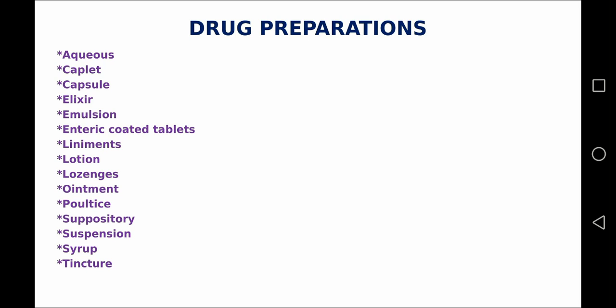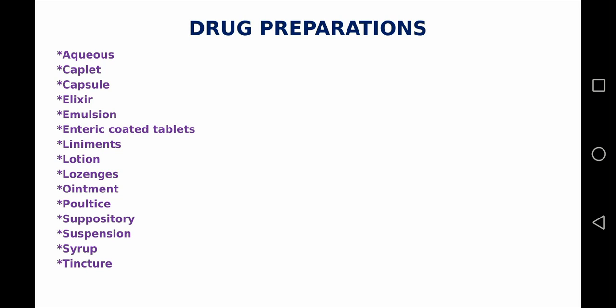These are tablets coated with substances that block absorption of the drug until it reaches the small intestine. Next is liniments. These are mixtures of drug with oil, soap, water or alcohol that are applied on the skin.